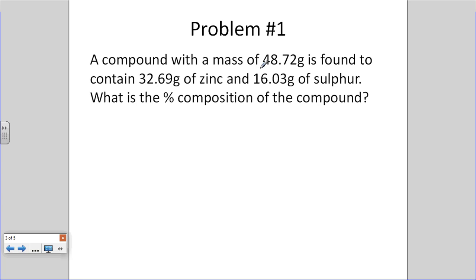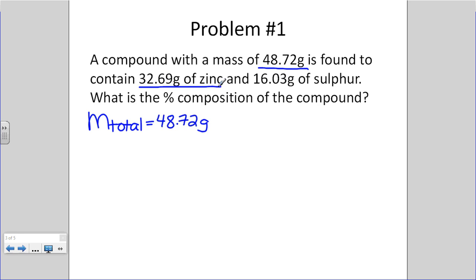So let's take a look at the numbers that we have. Here, the first number is telling us the total mass of the compound. It says a compound has this mass. So we're going to call this our mass, and we're going to write down total beside it for reference: 48.72 grams. Then we've got a couple of elements.